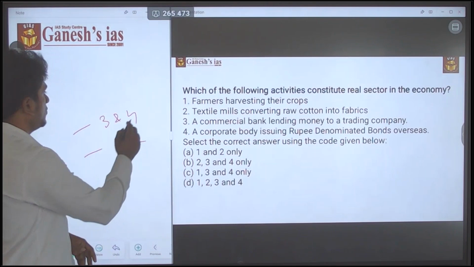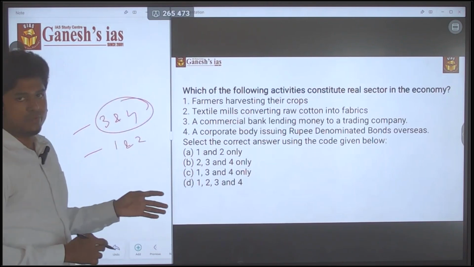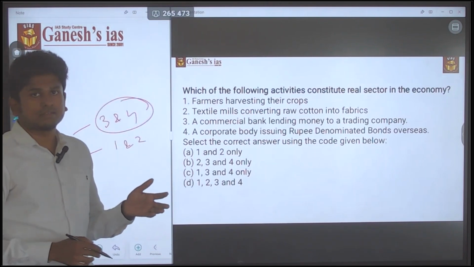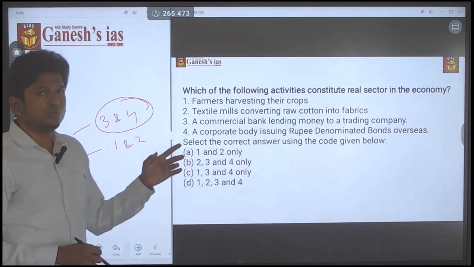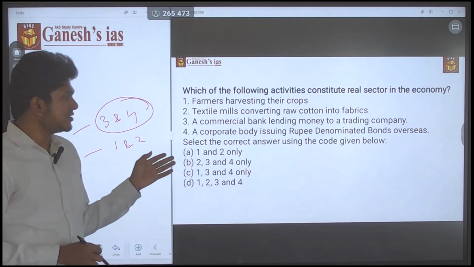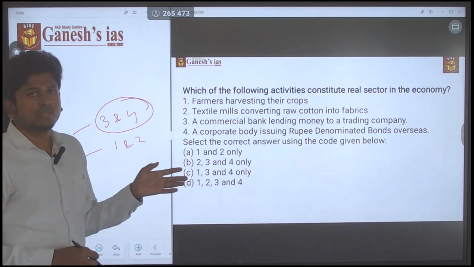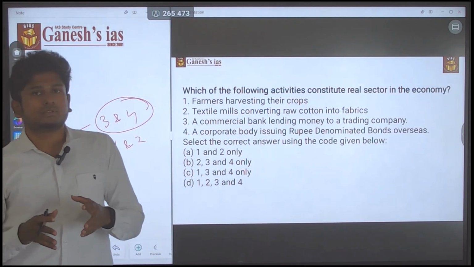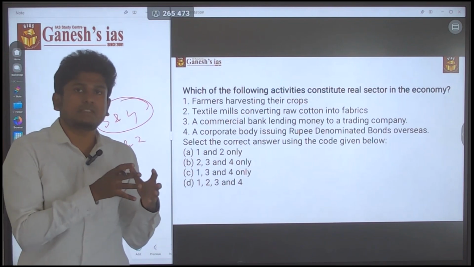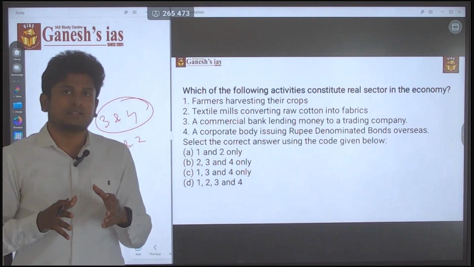If they gave 3 and 4 as an option, you couldn't go for an answer. For that reason they left it as 1 and 2 only. So the answer is A, 1 and 2. In such a way also you can answer a question without knowing what the real sector is.